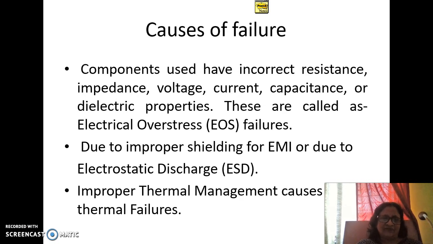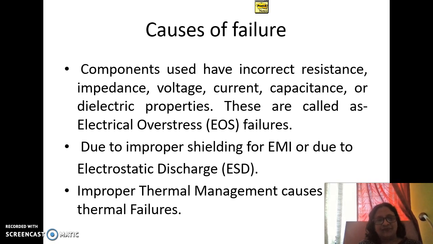What are the causes of failures in case of electronic products? The failures are incorrect resistances of the components, voltage or current variations, incorrect capacitances or dielectric properties. These are called electrical overstress failures. Another failures are due to electromagnetic interference.